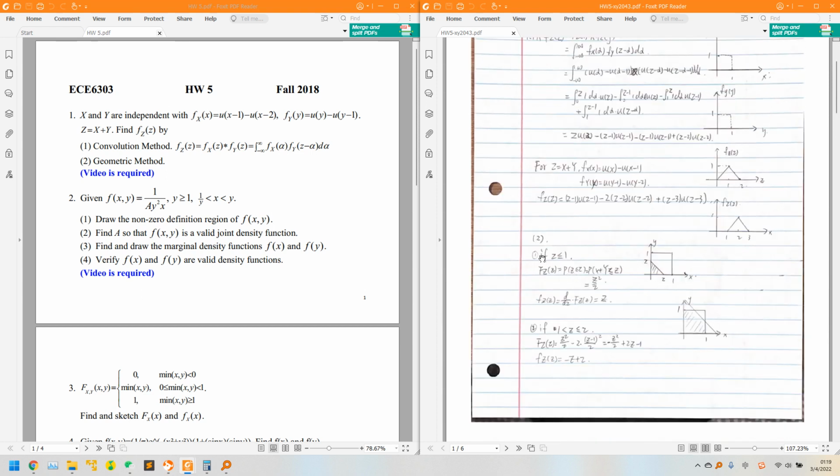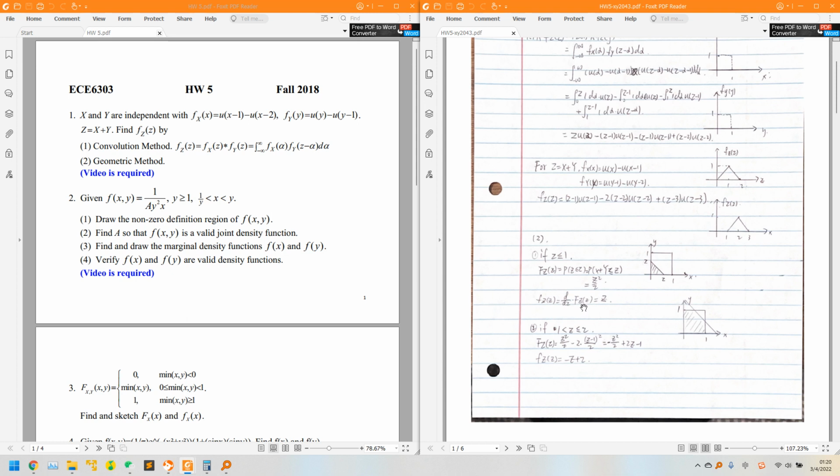The first case is if z is smaller than 1, we need to draw the graph of X and Y, and we cut the line here, which is z smaller than 1, and we can calculate the shadow square, which is z squared over 2, and we take the derivative of it.